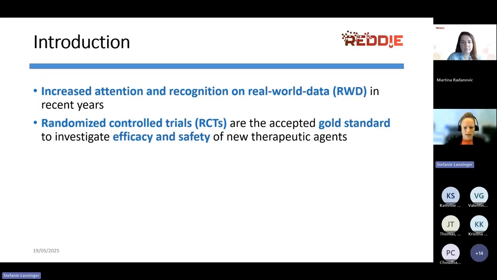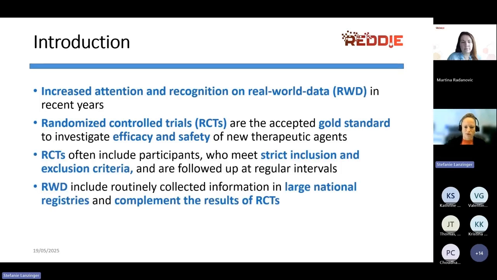On the other hand, randomized controlled trials are often limited because, due to strict inclusion and exclusion criteria, the representativeness of participants is limited, and participants are followed at regular intervals, so they represent controlled environments, whereas real-world data include routinely collected information in registries and therefore can complement the results of randomized controlled trials.